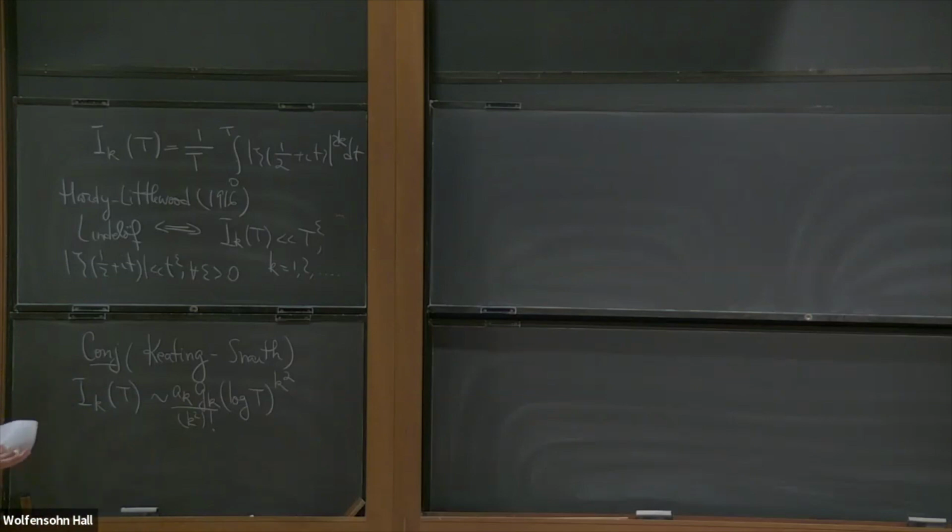There are two ways that you can see the (log T)^(k^2). One is trying to write the 2k-th power of the zeta function in terms of a Dirichlet series and identifying so-called diagonal terms.